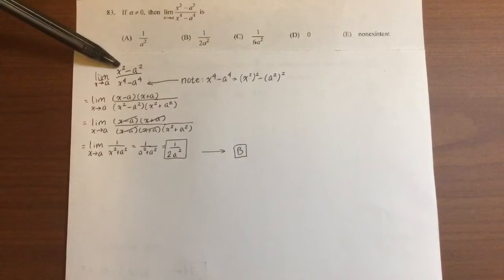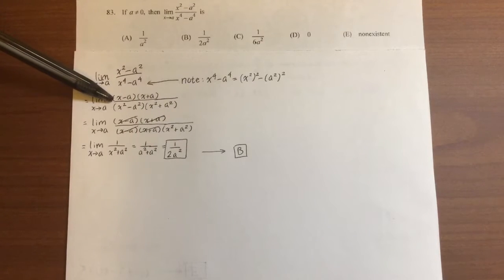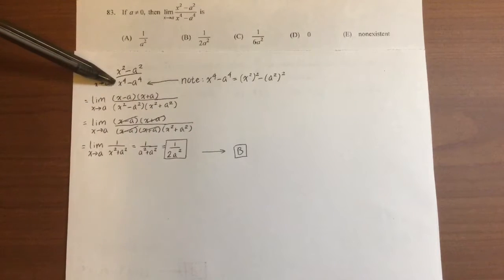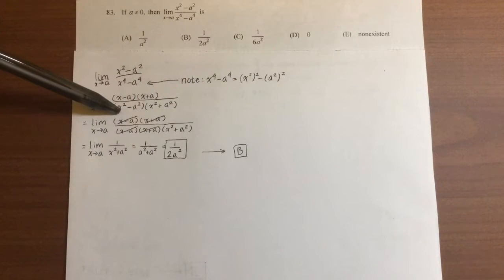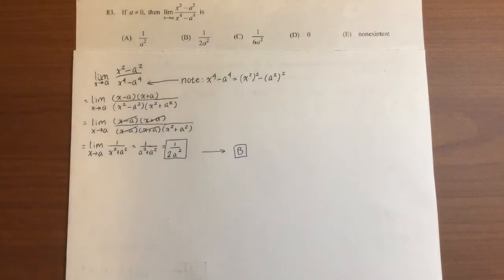Notice that the numerator is a difference of squares, meaning that it can be simplified down to x minus a times x plus a, and the denominator is the same thing. x to the 4th minus a to the 4th is equal to x squared squared minus a squared squared, so that simplifies down to x squared minus a squared times x squared plus a squared.